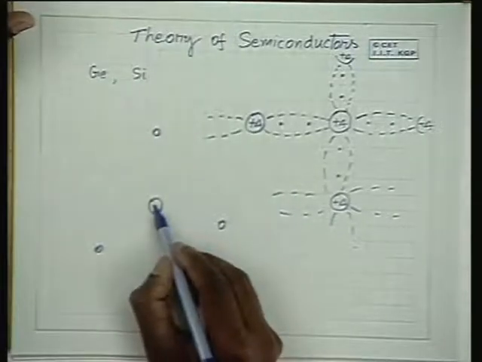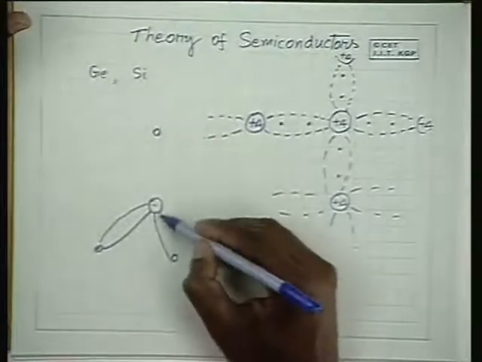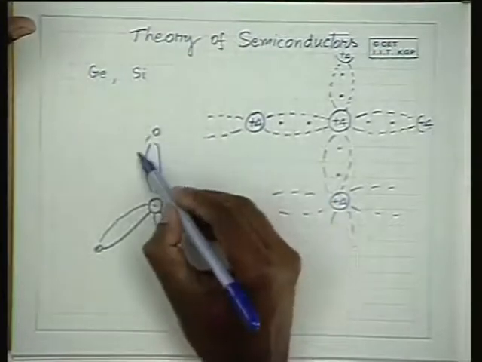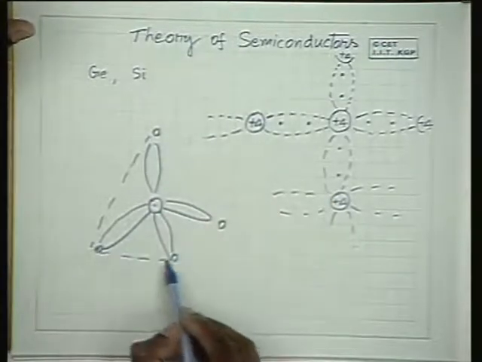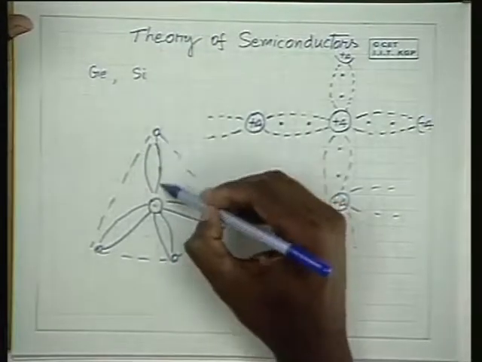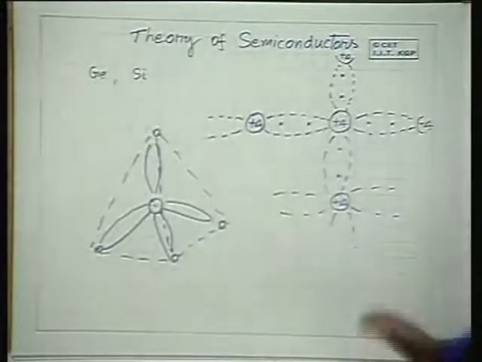So, this atom forms a covalent bond with this atom, this one, and this one. So, it is a tetrahedron, which is a 3-dimensional structure. And with similar tetrahedrons repeated, you have a 3-dimensional bulk. That's how the lattice structure of semiconductors like germanium and silicon is.